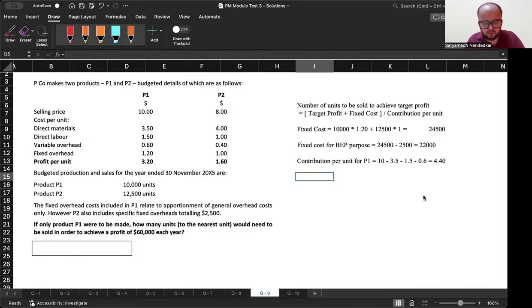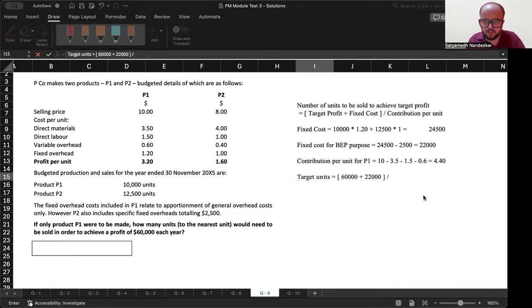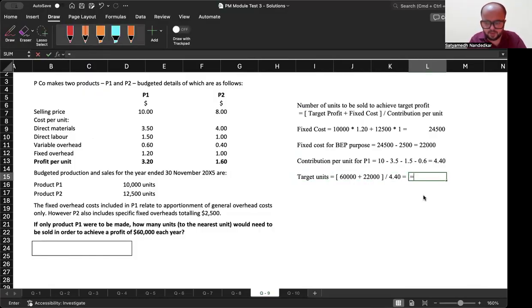So your target units: target profit 60,000 plus fixed cost 22,000 divided by 4.4. Let's see if we can get this. 22,000 plus 6,000 upon 4.4. How much is the number coming to?